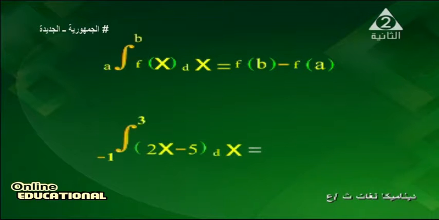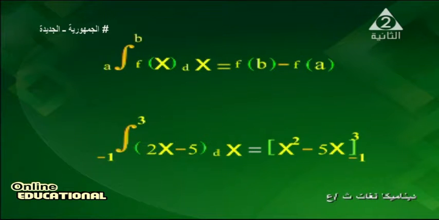For example, integration of 2x minus 5 dx from -1 to 3. First, we find the integration of 2x minus 5, which is x squared over 2 times 2 over 2. We can cancel 2 over 2. Then x squared minus 5x is the integration of 2x minus 5 from -1 to 3.